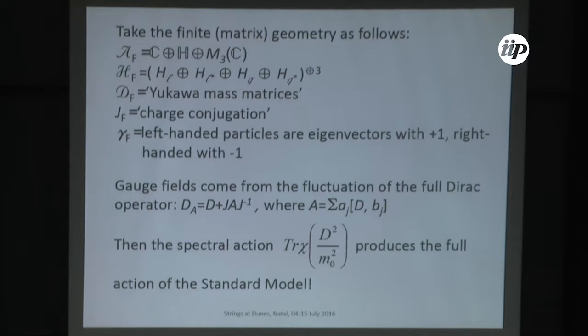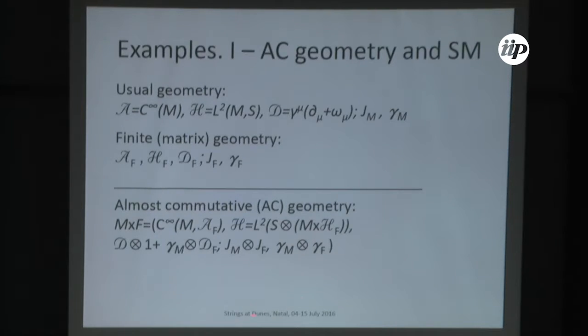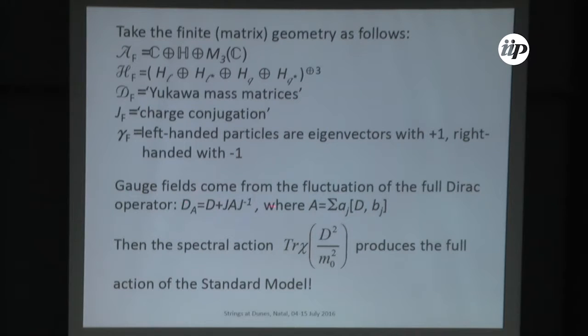And the Dirac operator is here. Essentially, you put the usual Dirac operator of this type, plus fluctuations. Those fluctuations will become gauge fields. And after that, you just take this trace.